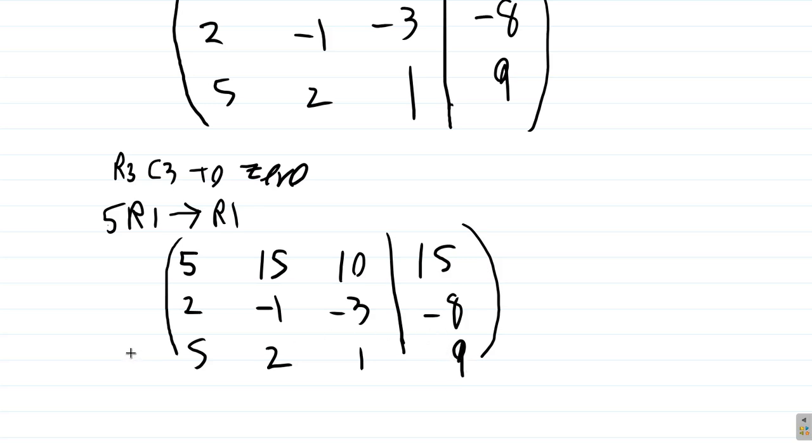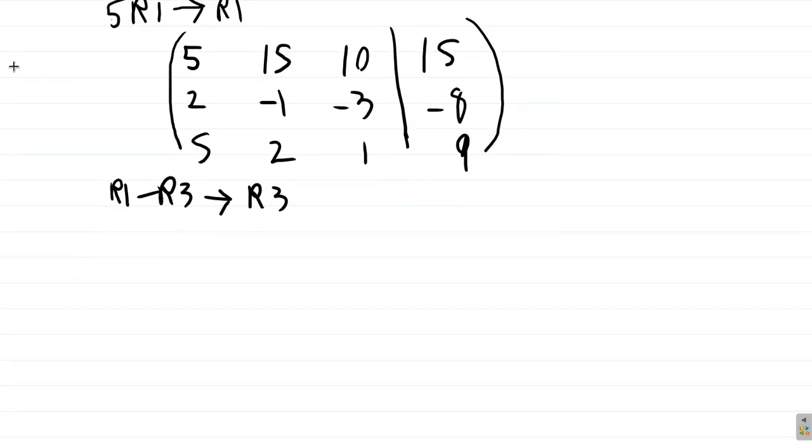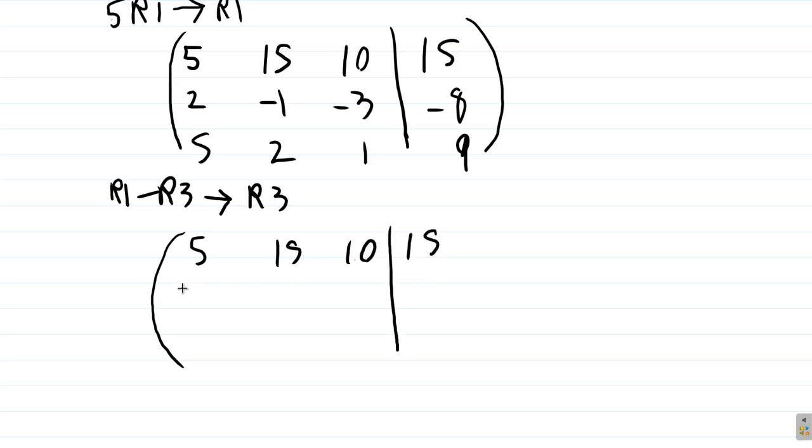Now, what we'll do is subtract these. Say row 1 minus row 3 will lead to our new row 3. So we'll change row 3 alone now. So in row 1 we still have our 5, 15, 10, 15. In row 2 we still have our 2, negative 1, negative 3, negative 8. But now we say 5 minus 5, which will give us 0.